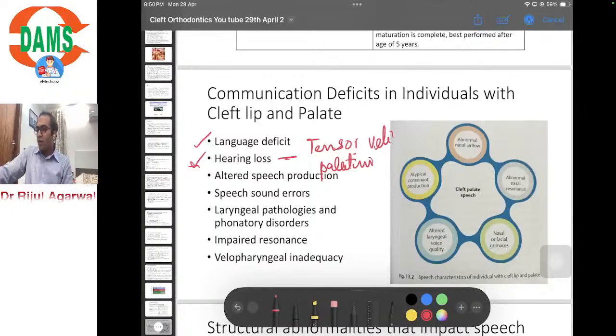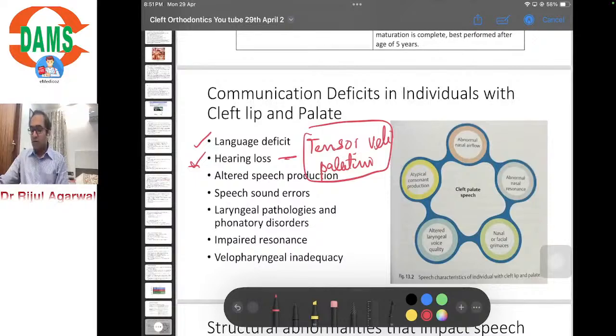So अगर वो नहीं होगा, it will lead to defect in middle ear and loss of communication between the nose and the middle ear. In addition, अगर eustachian tube properly form नहीं होगी, it will lead to infections of middle ear as well. That is why there is hearing loss in cleft lip and palate patients. There can be hearing loss because of this defect in this muscle formation. Just remember its name, tensor veli palatini.